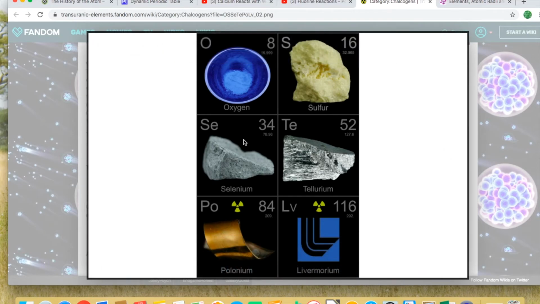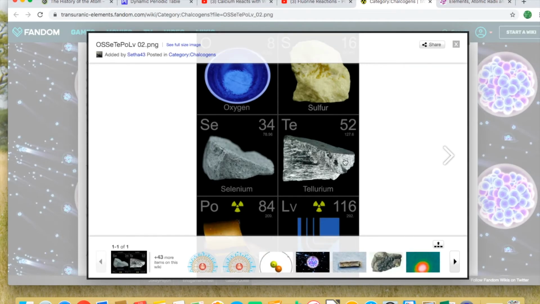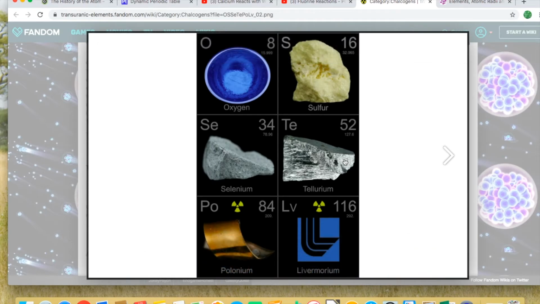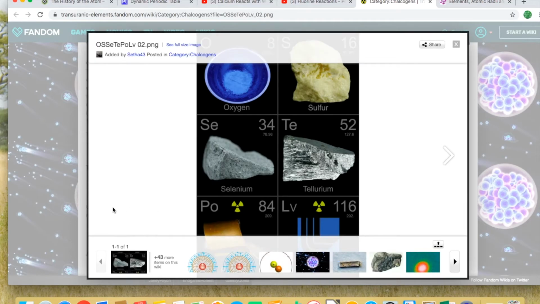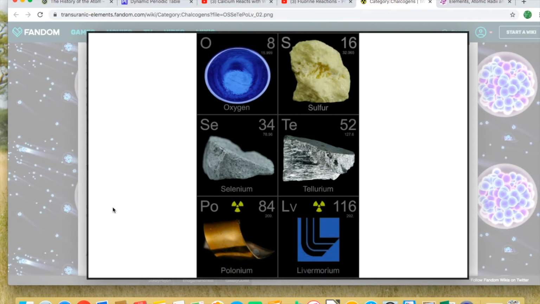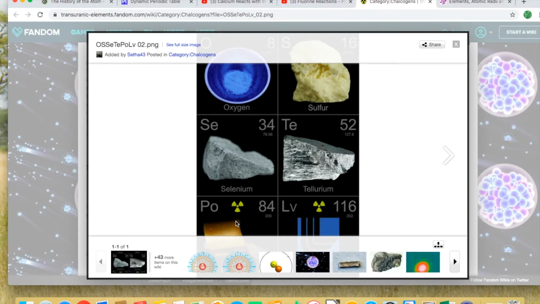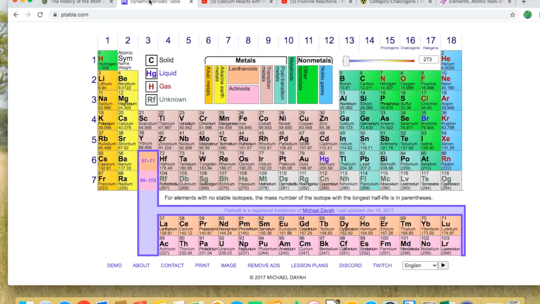Selenium is a crumbly, brittle solid, looks slightly metallic. Tellurium is a semiconductor, looks much more metallic. And then polonium, well, we can't really image polonium very well because it's so very radioactive, but polonium is definitely a metal. So the overall conclusion is that what's called metallicity, the similarity to metals, increases as you go down the periodic table.